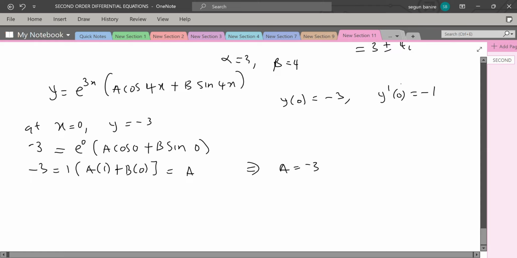The other one says y prime. You need to find the derivative of this, for which we are going to use the product rule. So you keep exponential 3x and then differentiate the content of the bracket.